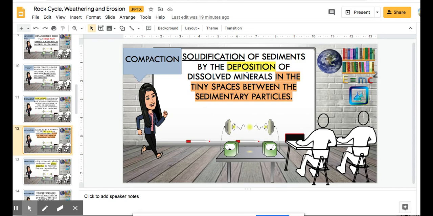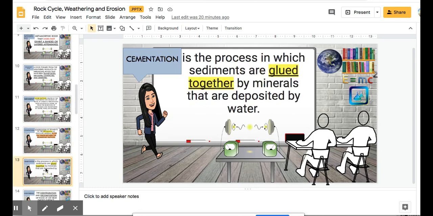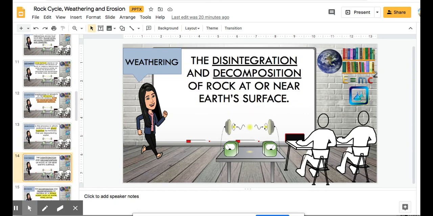Compaction is the solidification of sediments by the deposition of dissolved minerals in the tiny spaces between the sedimentary particles. Cementation is the process in which sediments are glued together by minerals that are deposited by water.